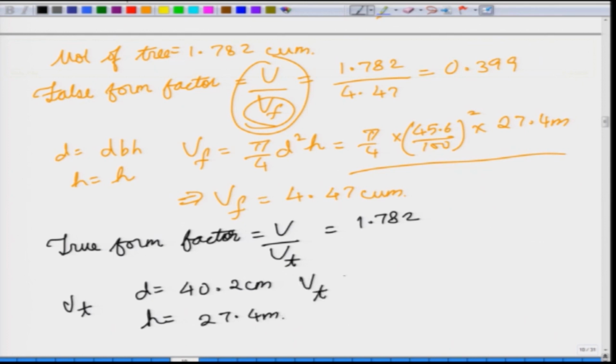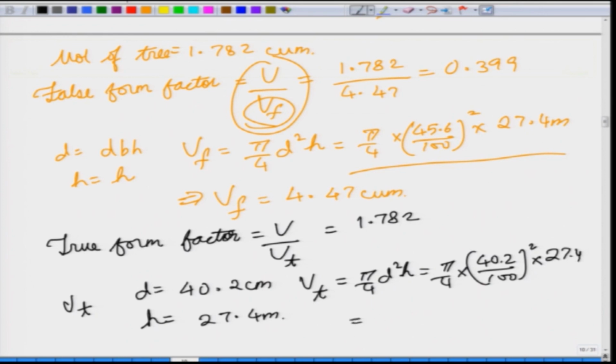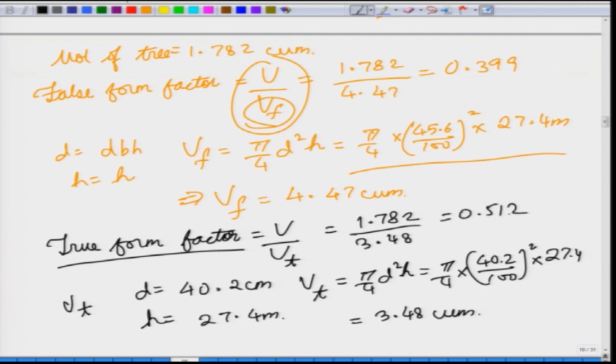So, the true volume is pi by 4 d square h, equal to pi by 4 into 40.2 divided by 100 meters, squared, into 27.4. This comes to be 3.48 cubic meters, and so the true form factor is 1.782 divided by 3.48, which is 0.512. The true form factor again is a dimensionless quantity, because you are dividing a volume by another volume.